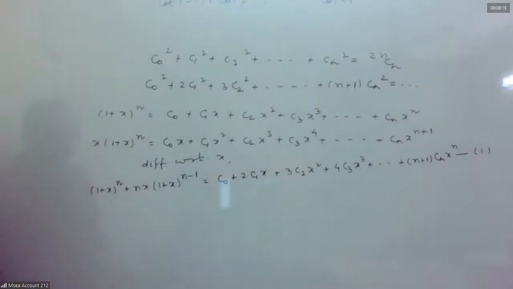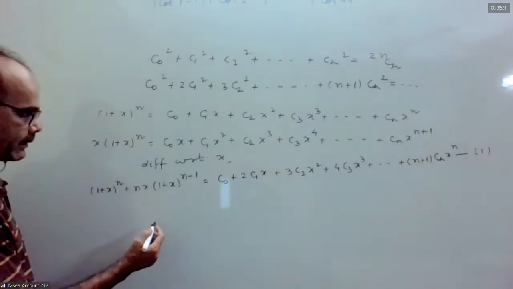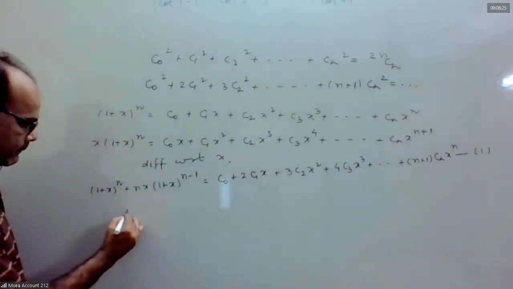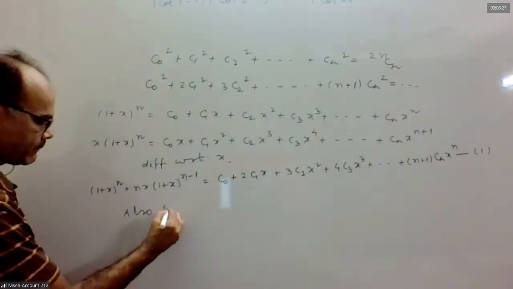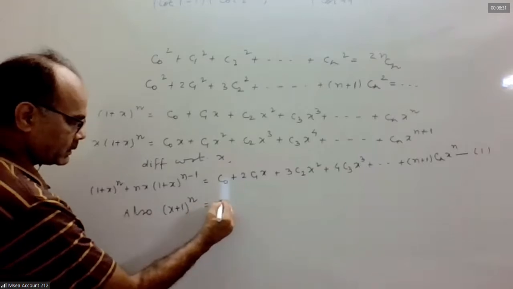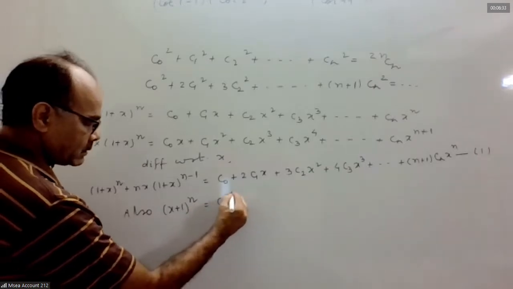So again consider the series x plus 1 to the power n equals C0 x to the power n and so on.